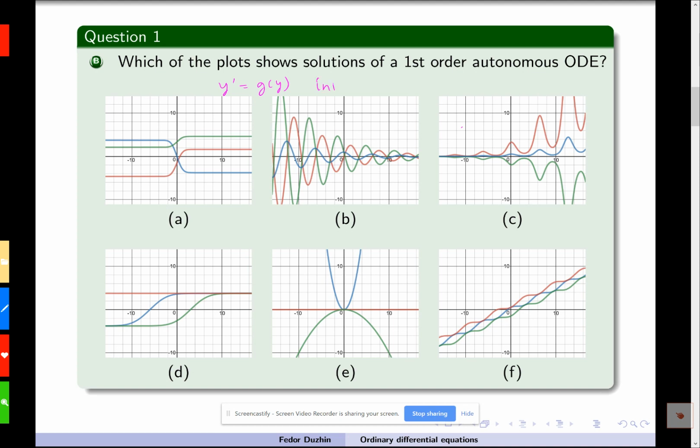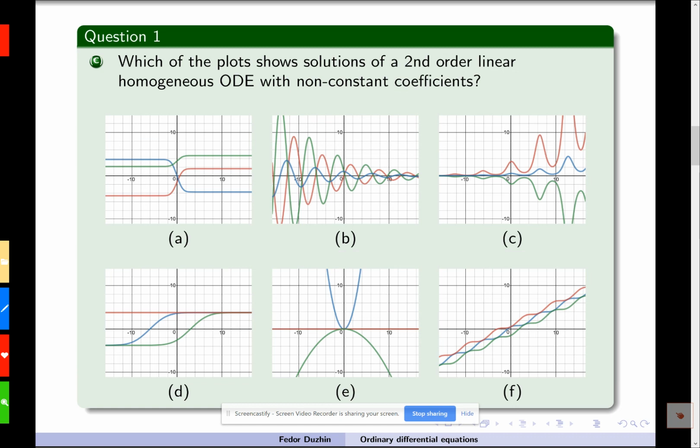And we have one plot that is invariant under horizontal translation. So here the red curve is an equilibrium solution, a constant, and the 2 other curves are obtained from each other by horizontal translation. So this is the first order autonomous differential equation.